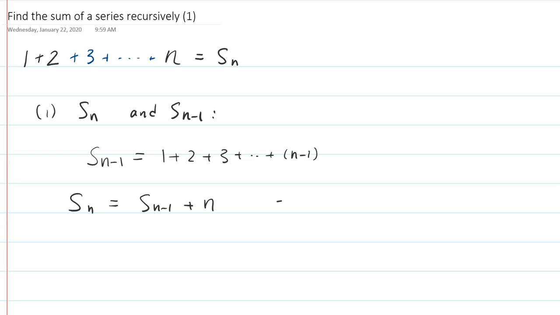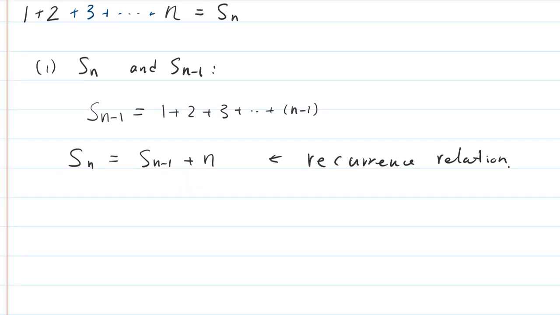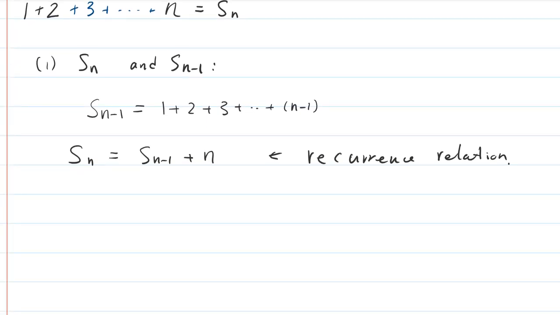This one over here is what we usually call a recurrence relation. And then we try to solve it. This recurrence relation is linear.